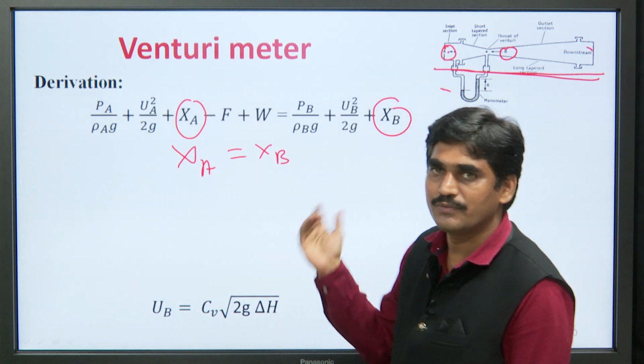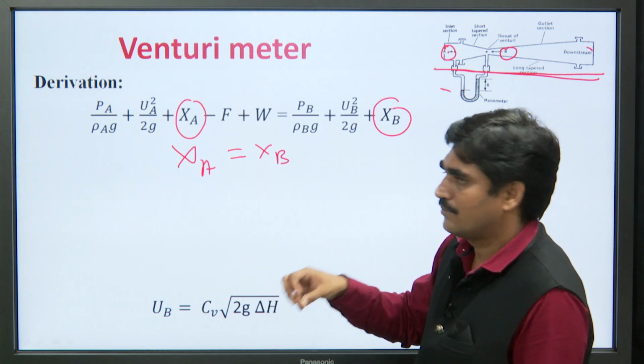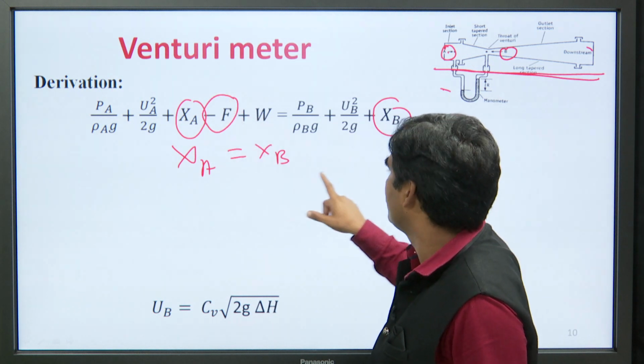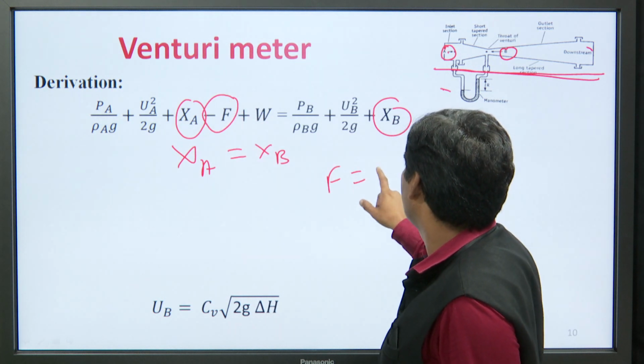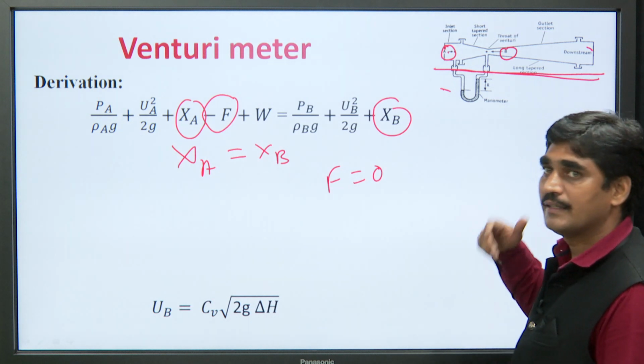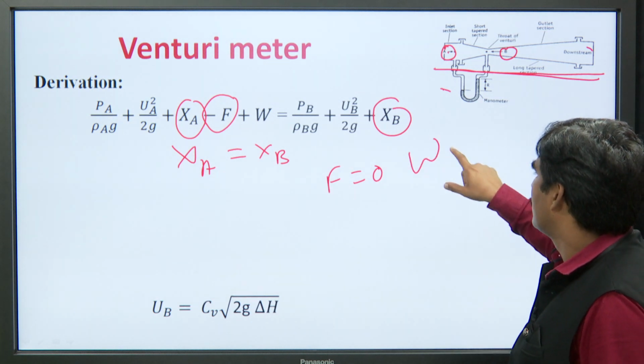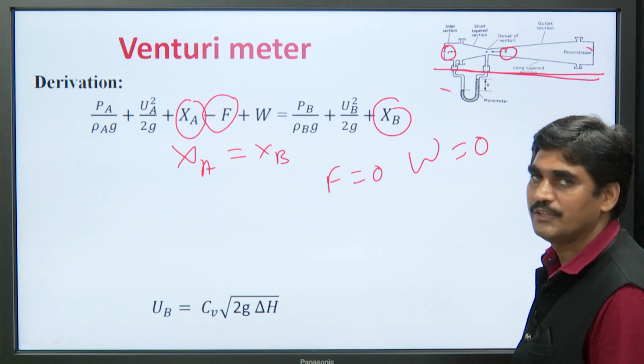Since fluid is moving through the pipe without friction, the frictional energy is assumed to be F equal to 0. Again, a pump is not used in this case, so W will also be equal to 0.